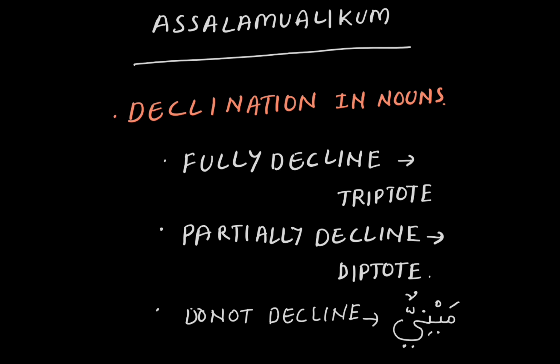So what does declination actually mean? Declination means in the triptotes all the three signs can be seen, that is the dhamma, fatha and the kasra. Partially declining means only two signs can be seen, that is dhamma and fatha. In triptotes we can see all the three signs. In diptotes we can see only dhamma and fatha, and in mabni we will not see any sign. Okay, no sign is seen.